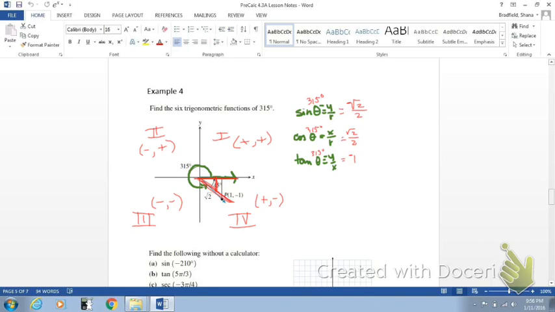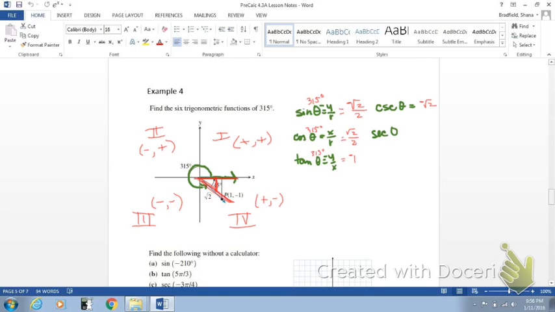Okay. So that's how we use the reference angle to help us get the trig ratios. So the reciprocal of sine is cosecant, and it's also going to be negative because it's just r over negative y. So that one is going to be negative square root of 2.